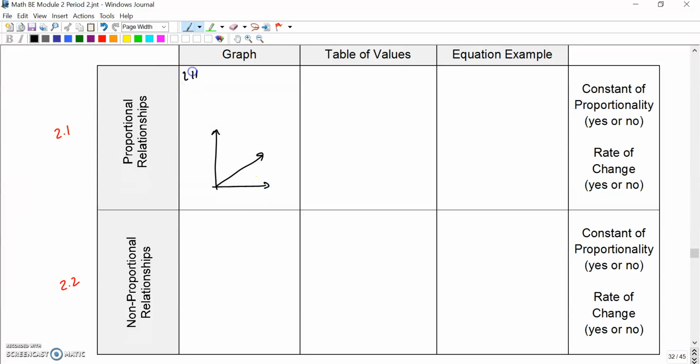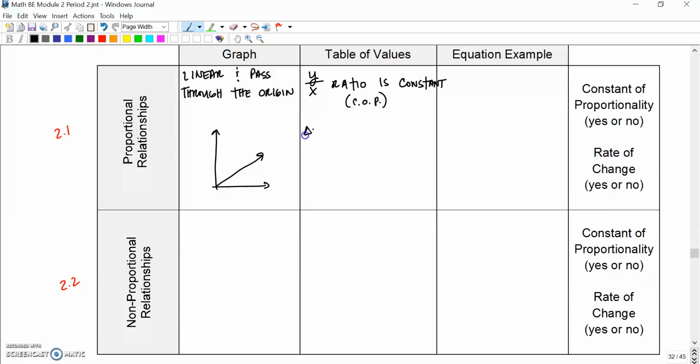And these were linear and passed through the origin. Proportional relationships, y over x ratio is constant. This gave us our COP.